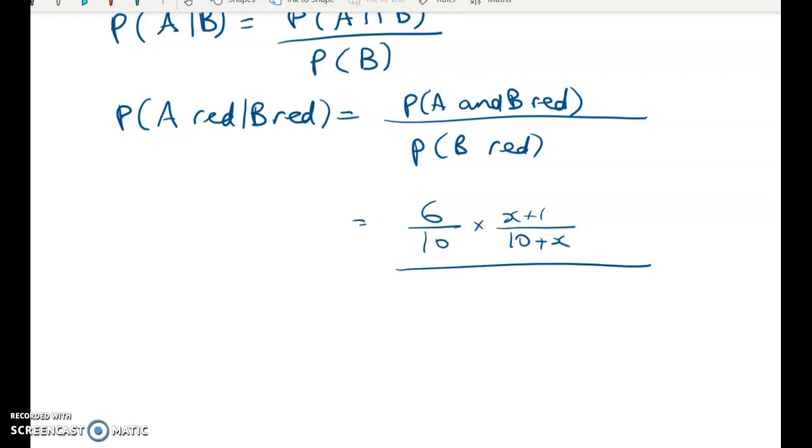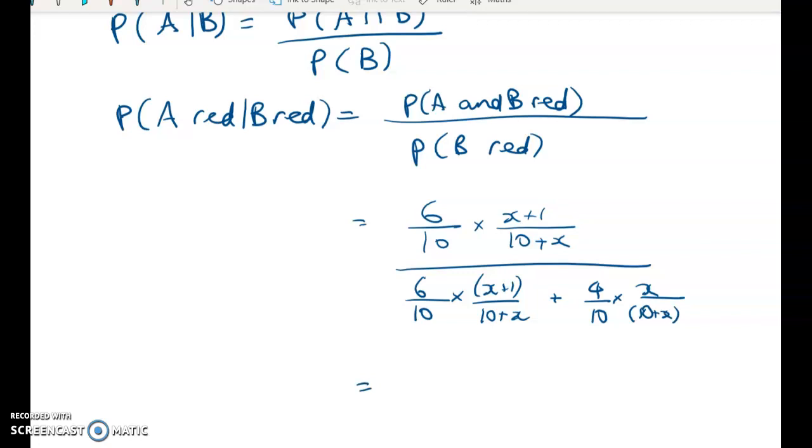And the probability that B is red is going to have 2 bits. It's going to have red, red, and then blue, red. So 6/10 times x plus 1 over 10 plus x, plus 4/10 times x over 10 plus x.